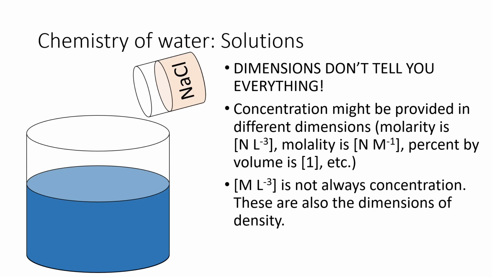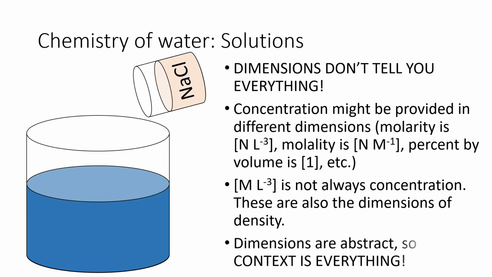Also, mass per volume is not always a concentration. It matters whether you're talking about mass of what and volume of what. Mass could be the mass of stuff per volume of that same stuff, in which case that would be the dimensions of density. So mass per volume as a concentration appears to have the same dimensions of mass per volume as a density.